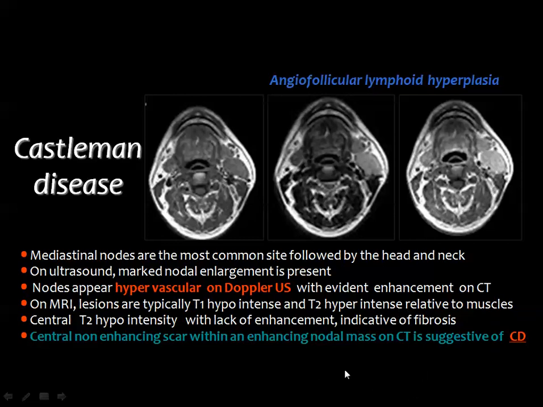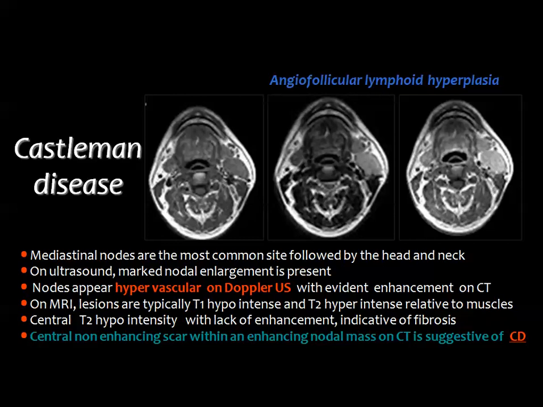And it is stated in the literature that the presence of a central non-enhancing scar within an enhancing lymph node mass on CT may suggest the possibility of Castleman disease. But you have seen that a lot of lymph nodes will show enlargement and homogeneous texture, like the sarcoid and the Castleman disease, infectious mononucleosis, Kawasaki disease.